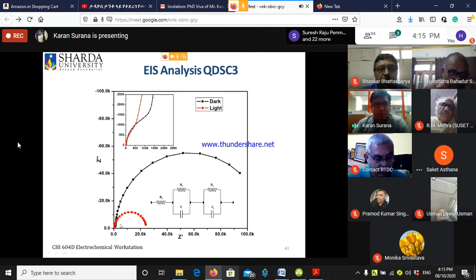The third, the bigger semicircle, is the impedance at the junction between the electrolyte and the photoanode, the working electrode. The impedance has a clear impact on the cell parameters, efficiency, fill factor and more, so we wanted to analyze that, and that's why we carried out the IS analysis.